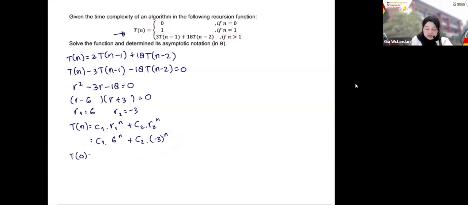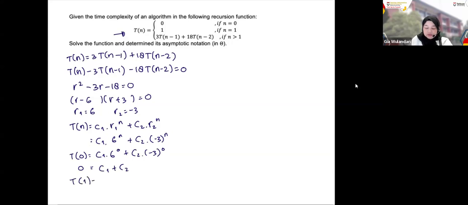T0, from the information we have, is equal to 0. It must be C1 plus C2.